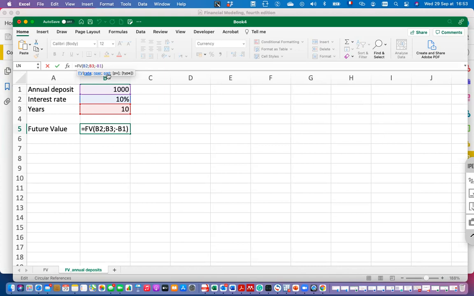Then you have two optional inputs, PV and type. The PV is the present value; we don't need it. Now the type. After minus B1, I will put a comma, then a second comma, which means that I'm moving to the second option.